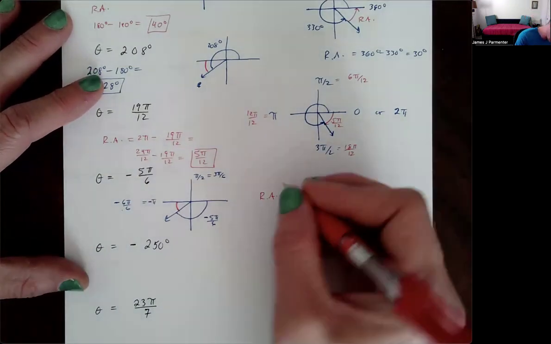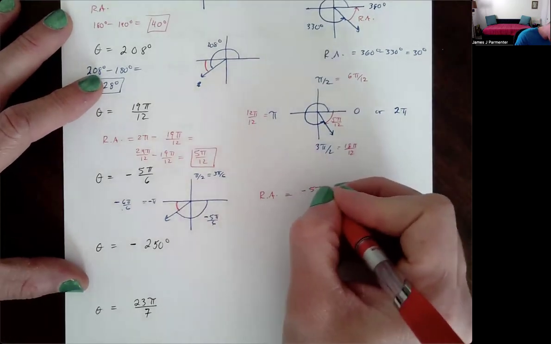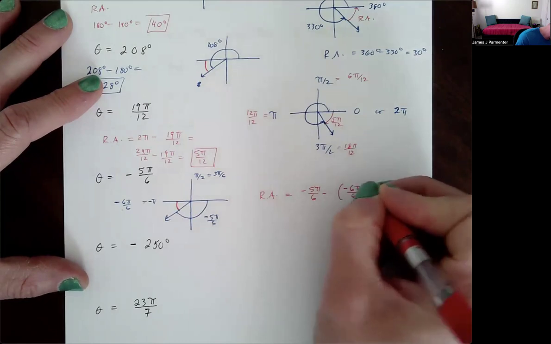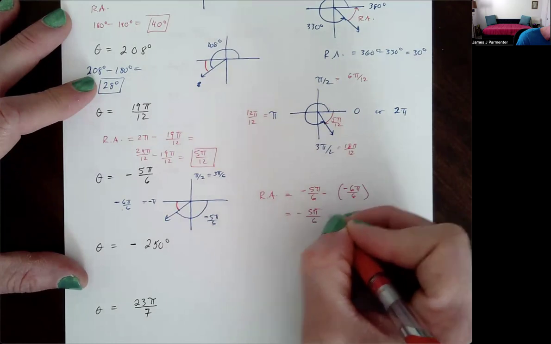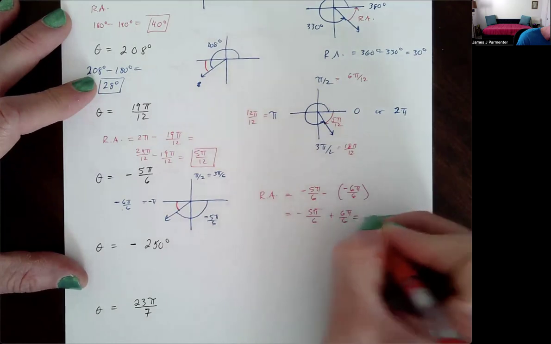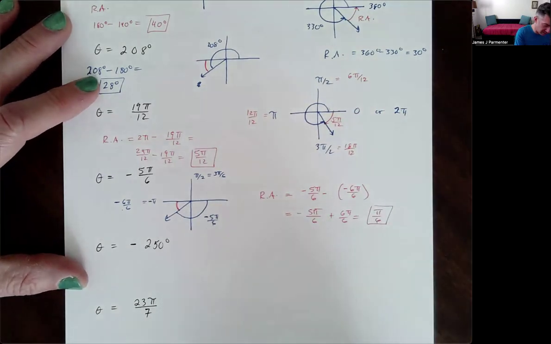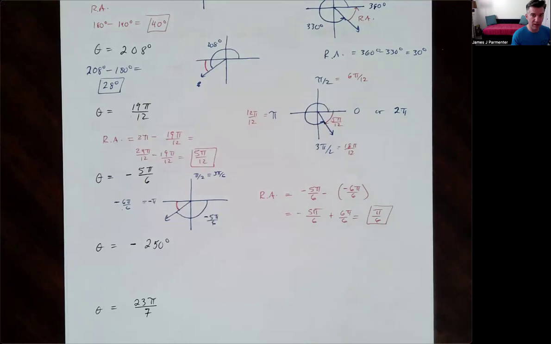So in this case, it's the less negative angle minus the more negative angle, which is negative 5 pi over 6 plus 6 pi over 6, which is just 1 pi over 6. Or you can just see that it takes another pi over 6 to get there. But it does have to be a positive angle. So if you do the subtraction and get negative pi over 6, you should just change it to positive pi over 6, because it should always be positive.